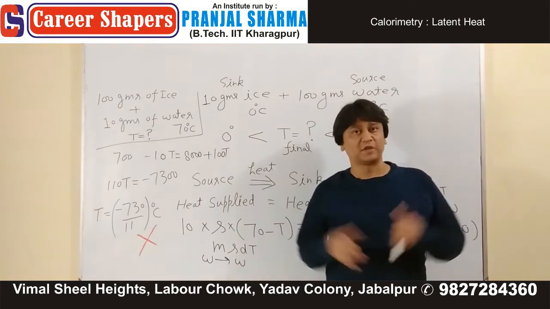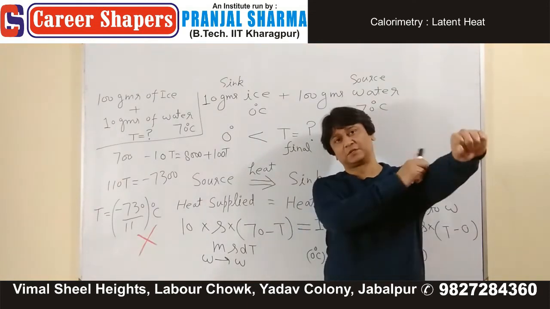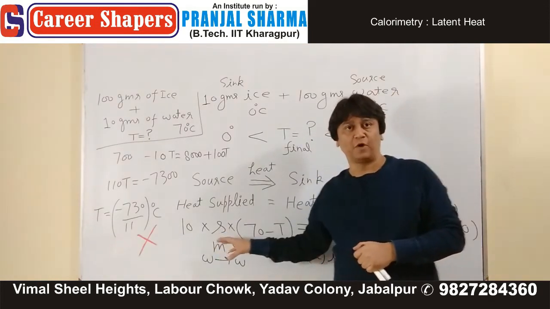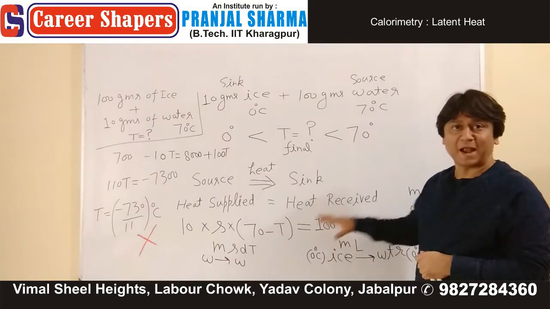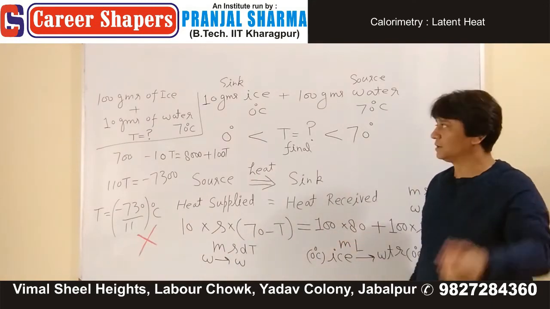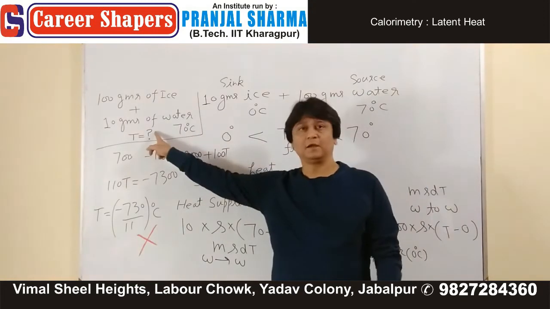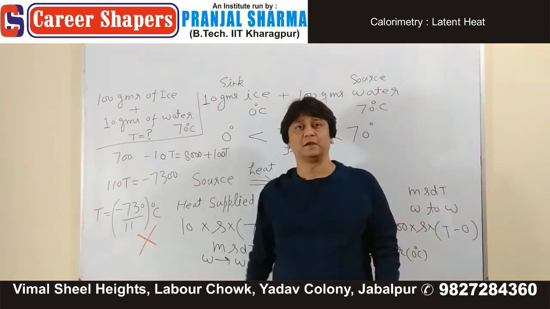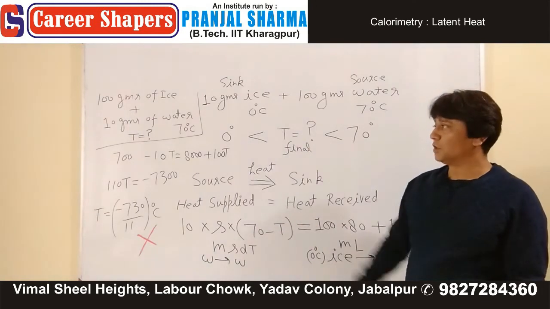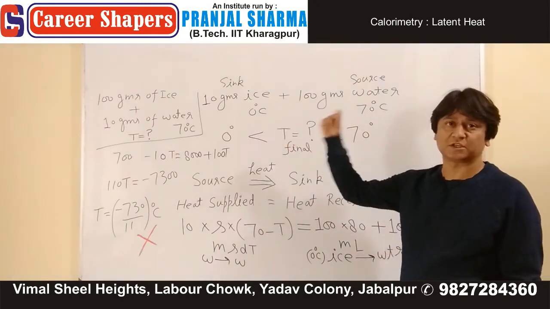I'll explain this, but if I say that you don't have sufficient energy coming from water to melt the whole amount of ice, then you can answer T in just one second. If you understand the statement, you will be able to write T in just a second.